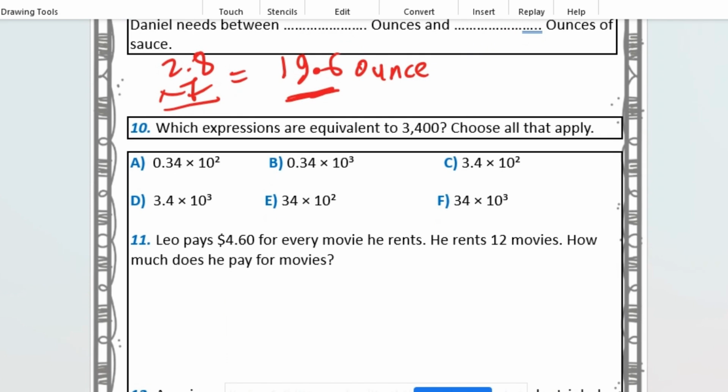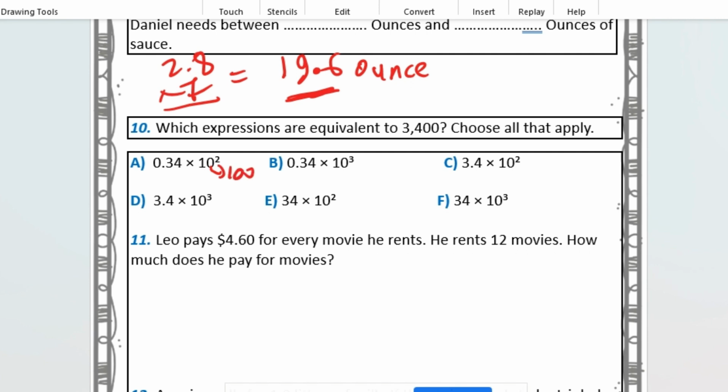Now, which expressions are equivalent to 3,400? So which one is the same as 3,400? First, A is 0.34 times 10 to the power of 2. We know that 10 to the power of 2 is 100.